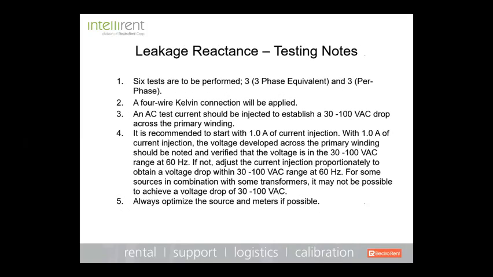You'll have a 4-wire Kelvin connection that you're going to apply. And then you want to make sure that you have enough current going through to establish, let's say, between 30 and 100 volt AC drop across the primary windings. And this is important in terms of being able to get a good measurement, just like you would if you were doing a winding resistance test.